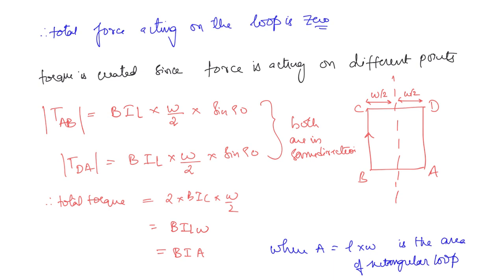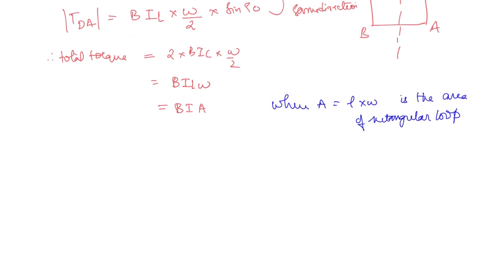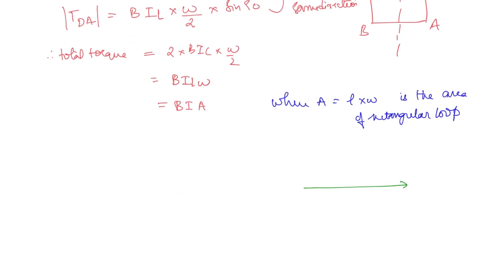So in this case we have taken the loop to be, the normal of the loop is perpendicular to the magnetic field, right? But what if you take, this is the magnetic field, initially we took the loop like this. So the normal vector is going to be either into the plane or out of the plane. Okay.